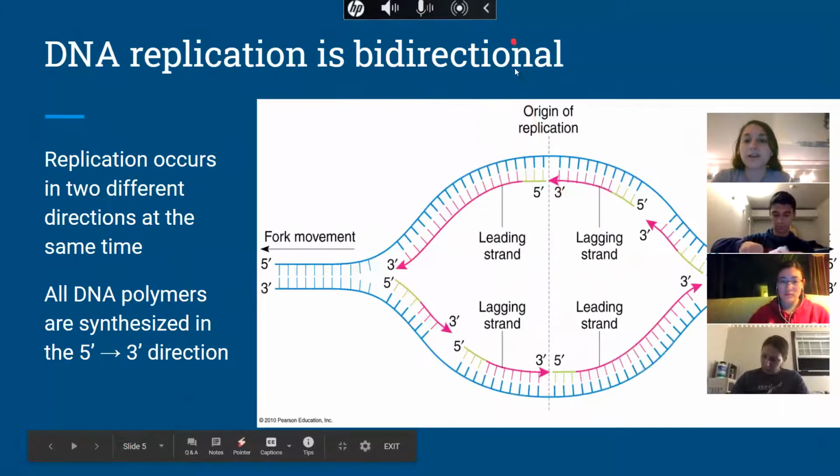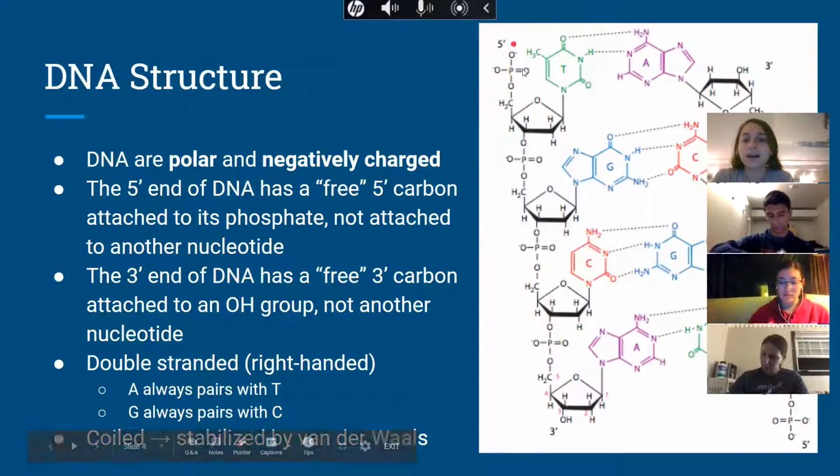So you have your free 5' phosphate and carbon at the 5' end, and at the 3' end, you're going to have a free hydroxyl group. Another thing to know about DNA is it's double-stranded and right-handed turning.